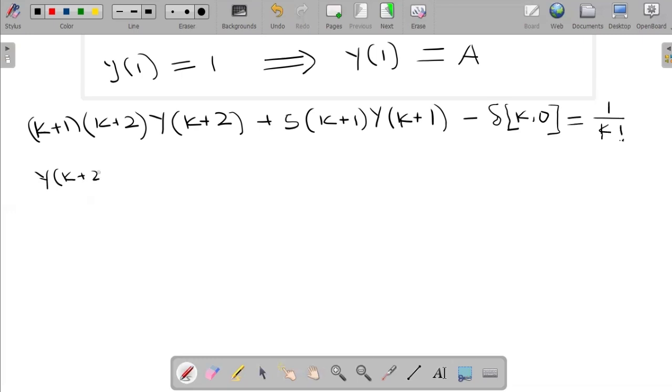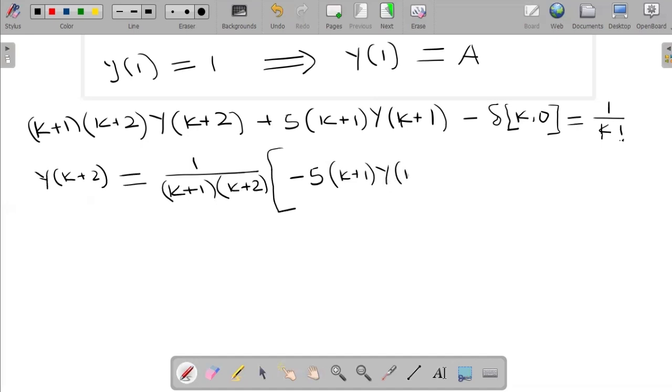From here, let's make y_{k+2} the subject of the equation. We are going to have (k+1)(k+2) y_{k+2} equal to negative 5 times (k+1)y_{k+1} plus the Kronecker delta of k comma 0 plus 1 over k factorial, all in brackets.